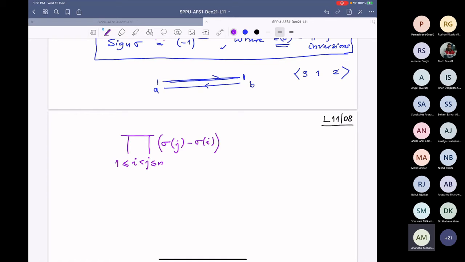Of course, sigma i and sigma j are also numbers between 1 and n. But you want to relate this with the product of j minus i. And he says they will differ by a sign. And how do you compute that sign? That is minus 1 power z of sigma. And whatever that power comes, that you define as the signature. That was the definition.